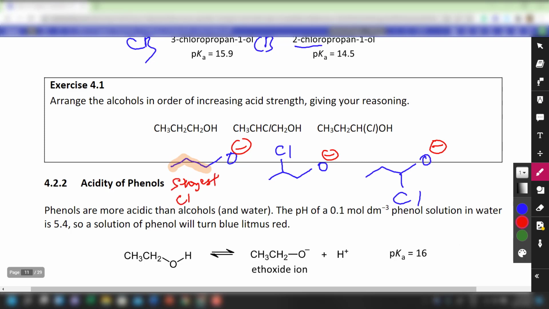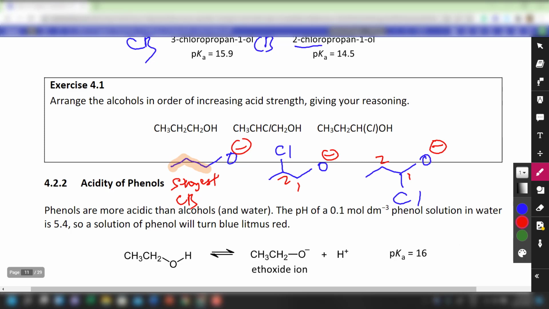Then on the other hand, the one with the chloro group at the alpha carbon will be able to exert a stronger electron withdrawing inductive effect on the O- as compared to that in the second position, otherwise called the beta carbon.